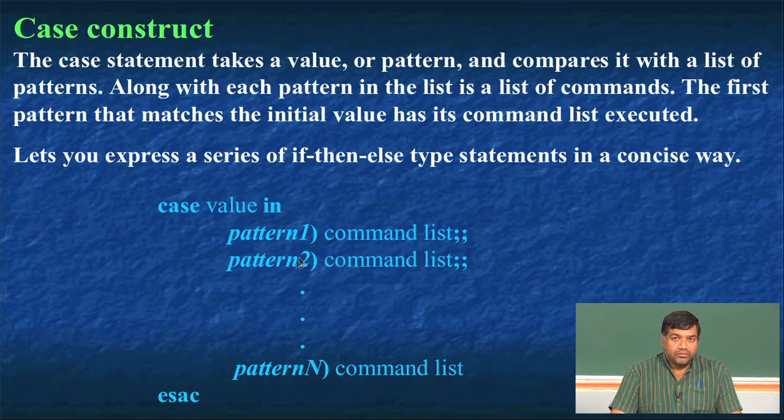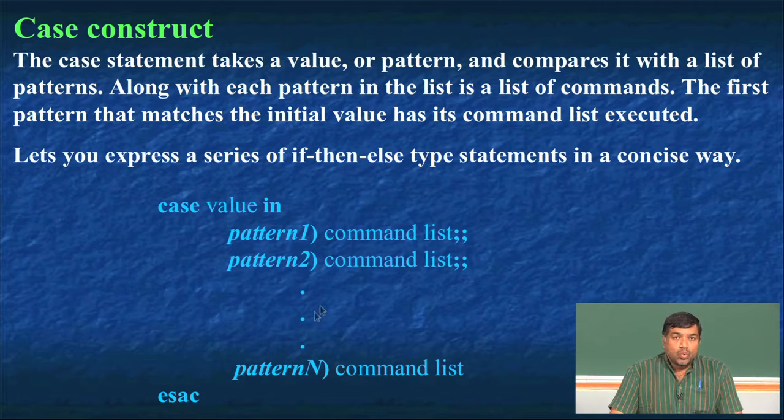I am passing a value and this value could match one of these patterns. If it matches, let us say pattern 2, then all these commands up to this double semicolon will get executed. Suppose the value matches pattern 1, then all these commands up to this double semicolon will be used.